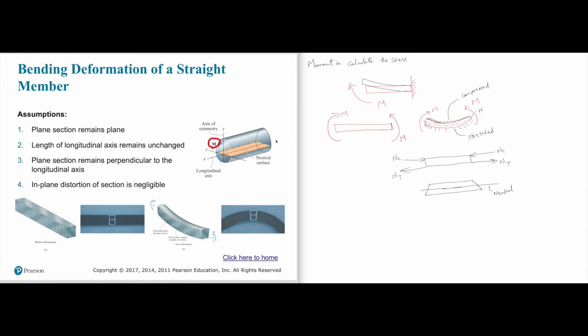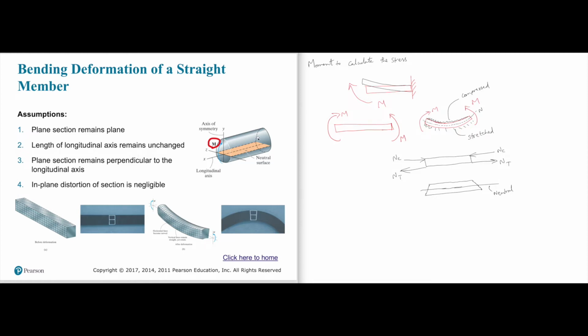If there is loading causing too much change in the length, we can't apply the theory that we will be using in this class. Then plane sections remain perpendicular to the longitudinal axis. The section is what you get when you slice it. The sections are always perpendicular to the longitudinal axis.